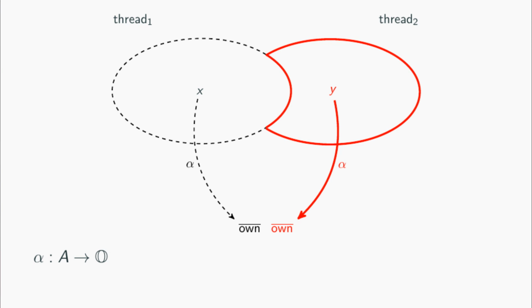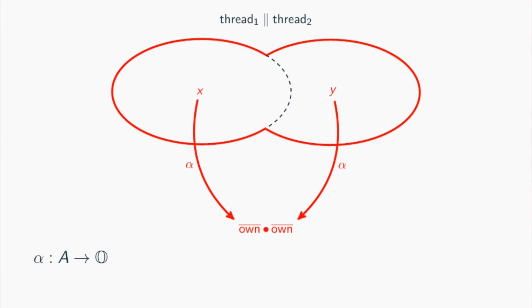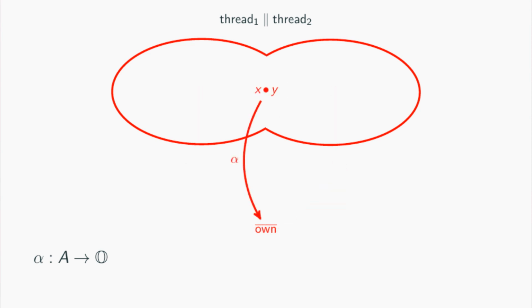Say thread 2 does not own the lock either. When we join thread 1 and thread 2 into a parent, we expect that alpha computes an ownership value from the private state of the parent that is coherent with the computations carried out on the children.